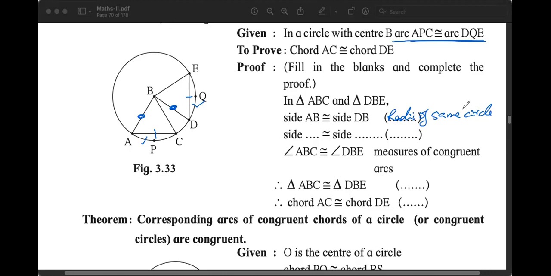Can you tell me two more sides of the triangles which are congruent because of the same reason? BC and BE. Very good. BC and BE. Same reason.